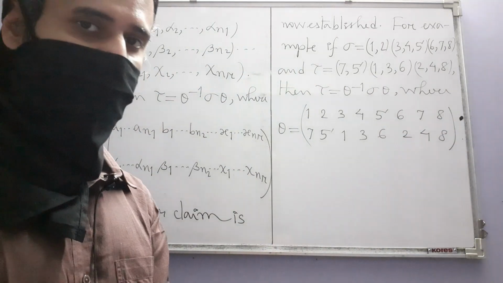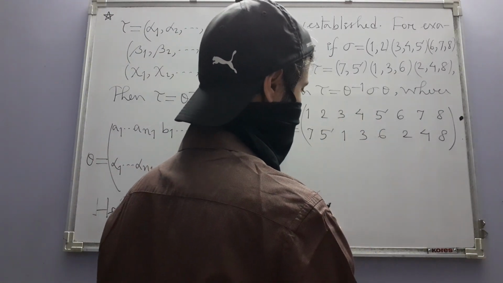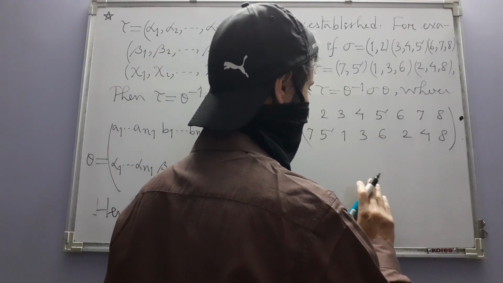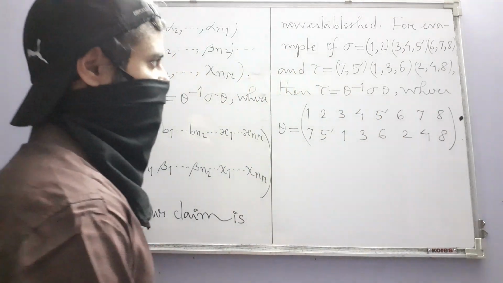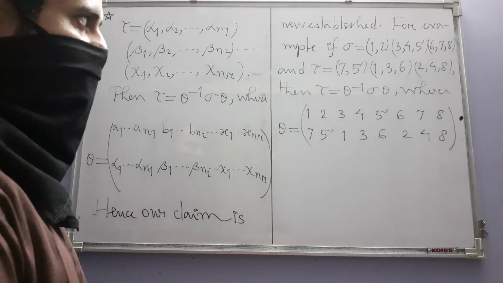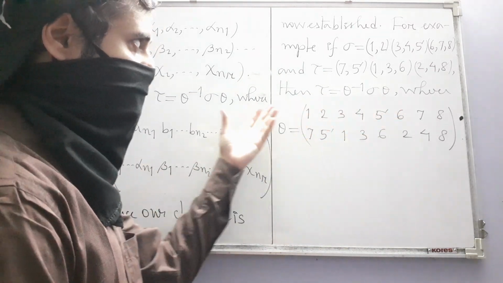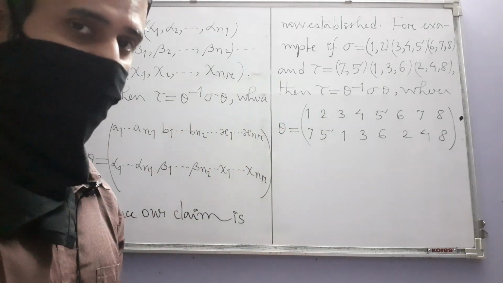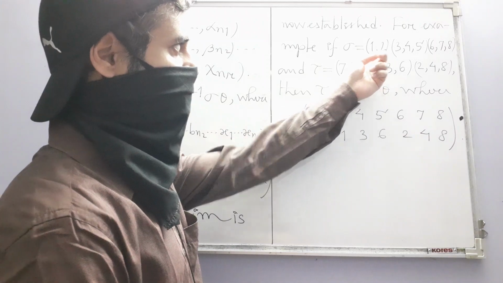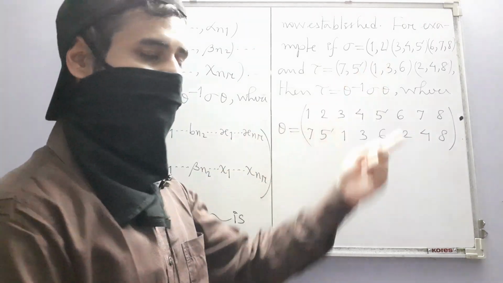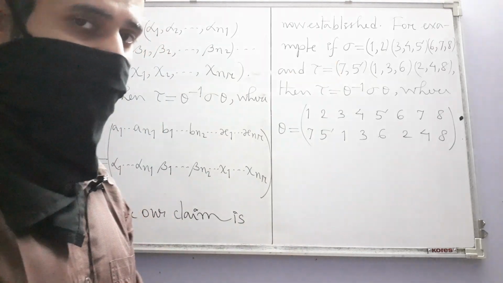And let me warn you, do not forget that the way we have defined conjugacy, there we have the inverse first, theta inverse sigma theta. And this in fact has led to this rule that you can replace each symbol in sigma with what theta does to that symbol, and that way you get tau.